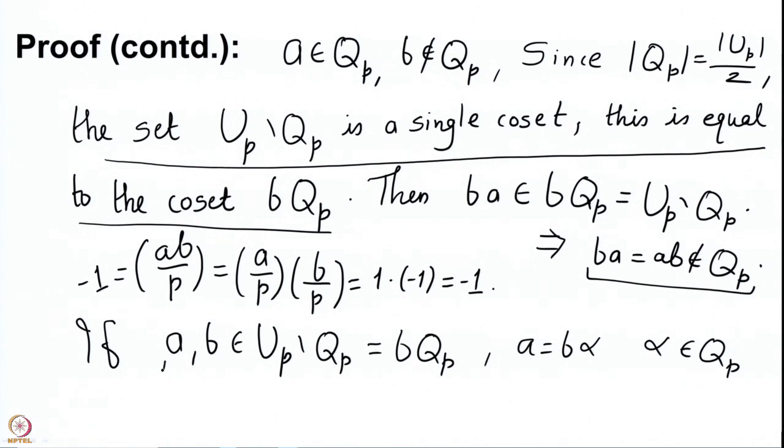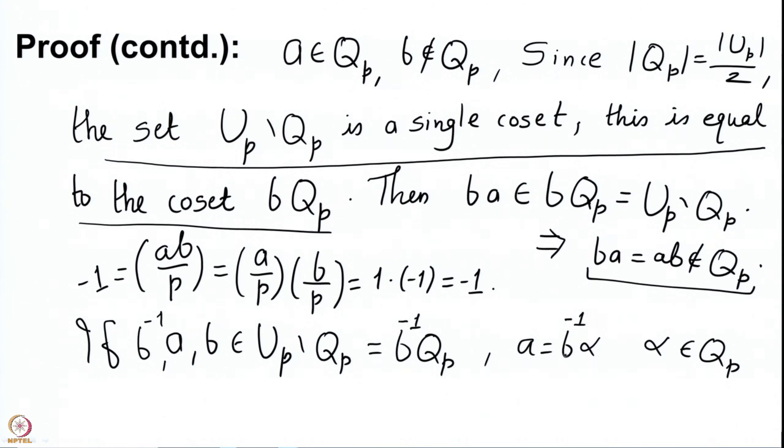And similarly, whenever B is not in Q_p, you will have that B inverse is also not in Q_p, and so B inverse will also give you the same coset, and therefore A is B inverse alpha. Q_p being a subgroup, if B inverse was in Q_p, then B would also have to be in Q_p.